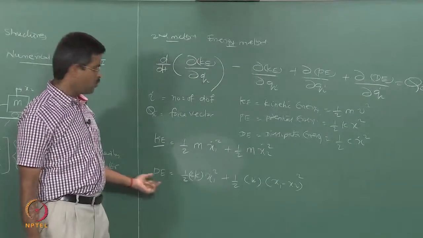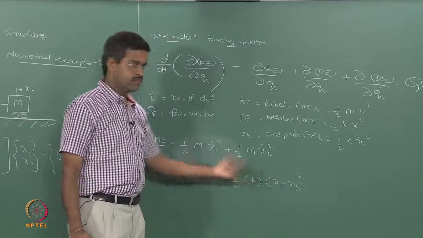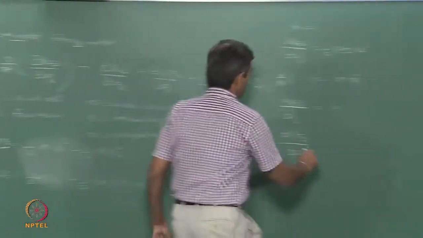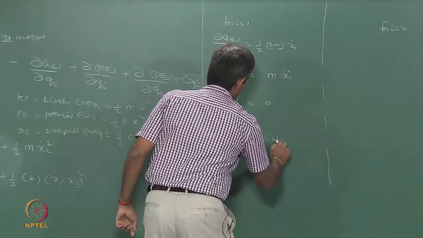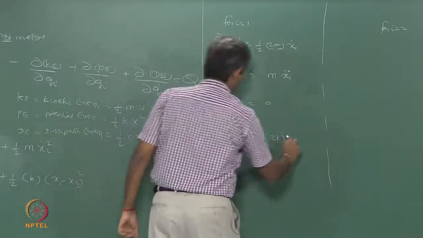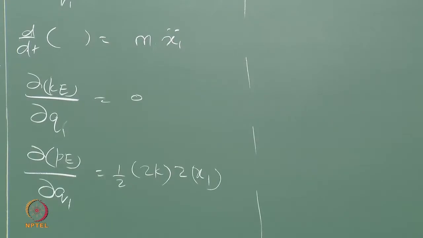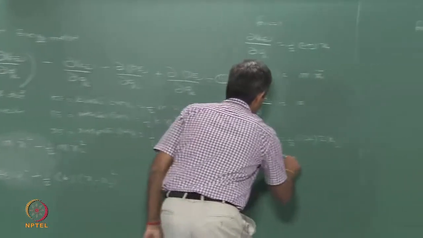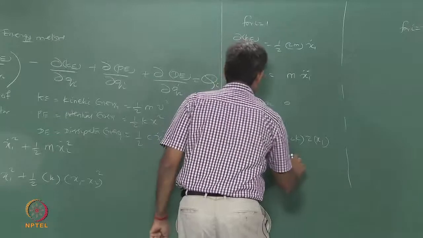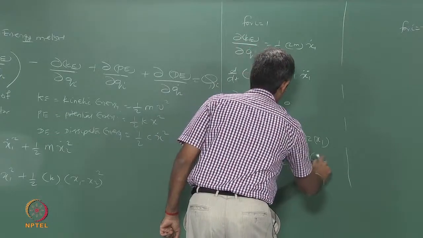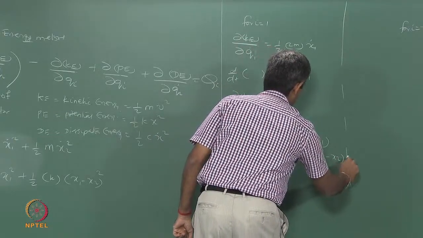Potential energy is here and q1 is there in both terms. So, let us do it here, which will be half of 2k of 2 x1, okay, plus half k of twice of x1 minus x2 of 1.